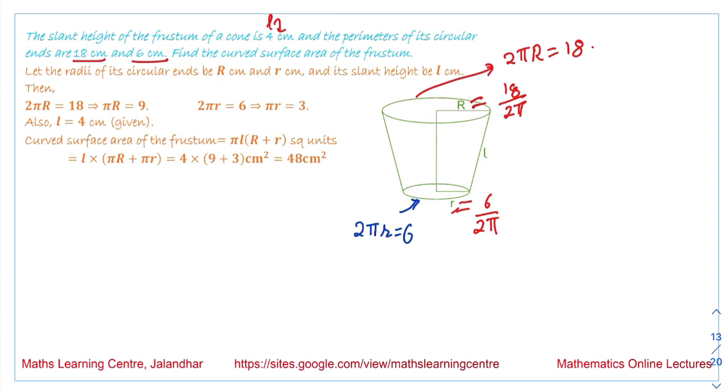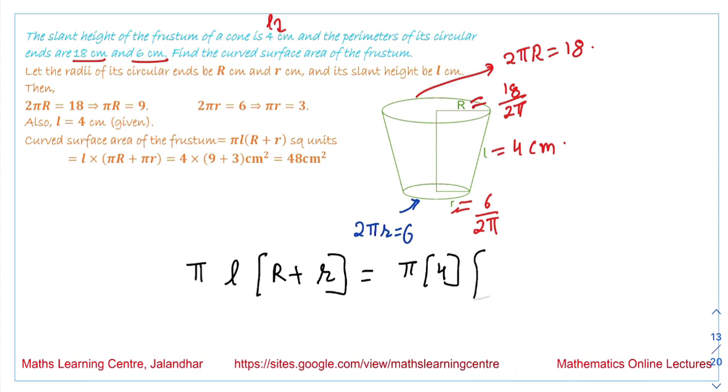Now the value of L is given to be 4 centimeter. We have to find the curved surface area of the frustum of cone. The formula for curved surface area is pi L (capital R plus small r). If we substitute the values, it is pi into L, which is 4, the value of capital R we obtain is 18 over 2 pi, and the value of small r we have is 6 over 2 pi.